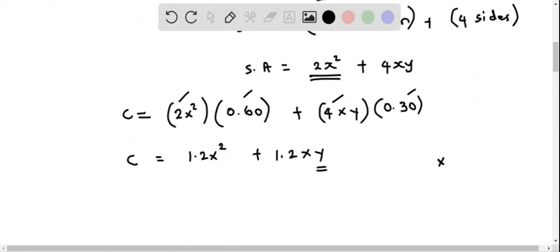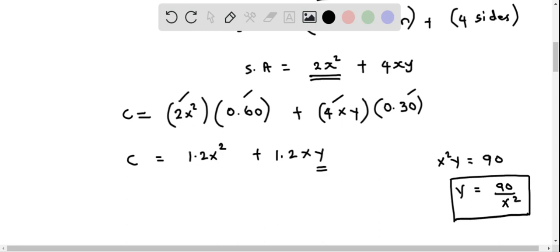So here I have equation number 1, which is x squared y equals 90. Now let me solve for y from this equation. This equals 90 over x squared. So we can plug this expression for y into the cost equation and make it an equation in just one variable.